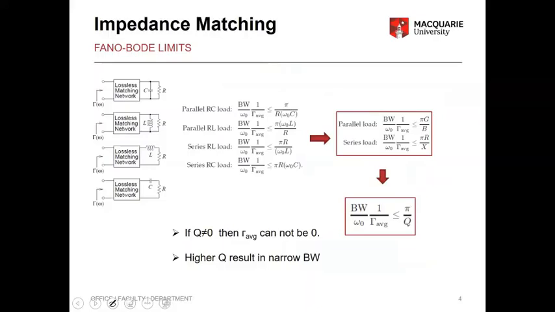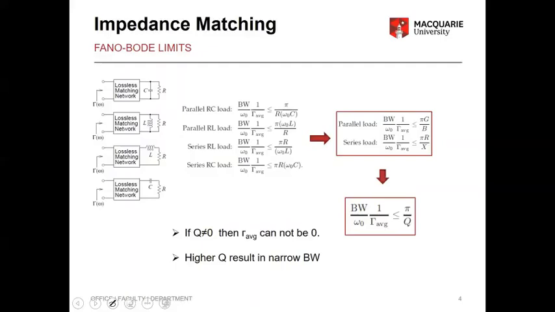So we noticed that the bandwidth of a matching circuit is a critical factor, because a matching circuit can't have infinite bandwidth. So they can't provide impedance matching for a very large bandwidth. That's because the energy storage by the inductive or capacitive elements limits its resonance bandwidth.